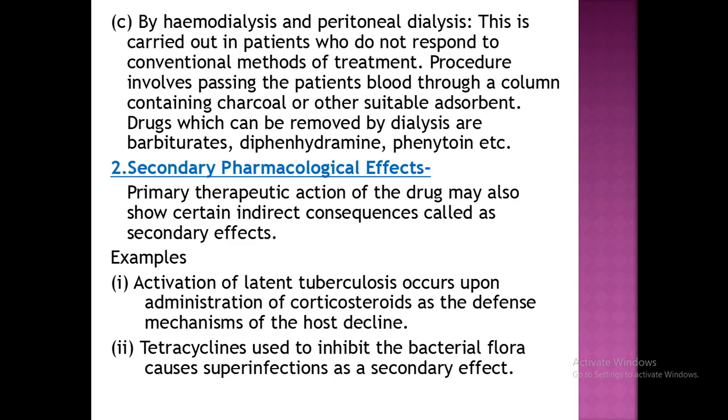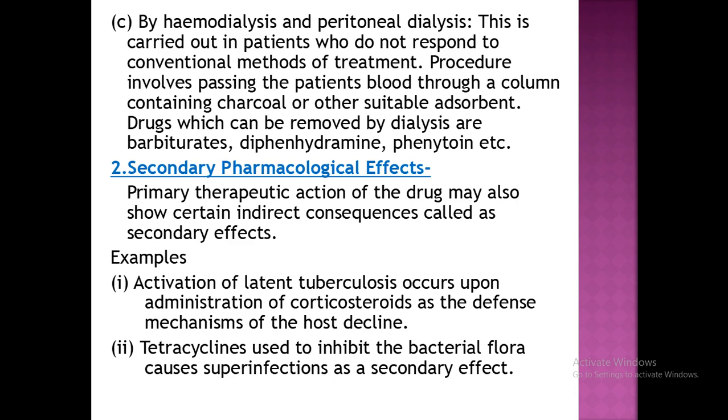Then under type A, the second type of adverse effects is secondary pharmacological effects. The primary therapeutic action of the drug may also show certain indirect consequences called secondary effects. So the drug is intended for primary therapeutic action, but it can also lead to secondary effects. Examples are activation of latent tuberculosis upon administration of corticosteroids as the defense mechanisms of the host decline.